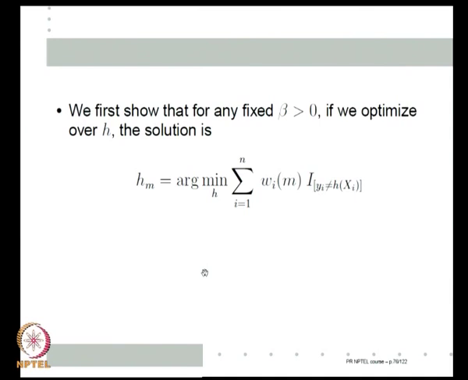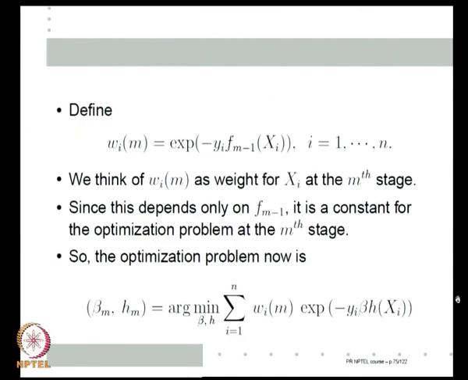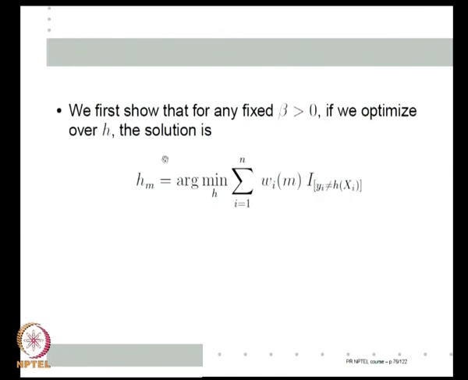What we are first going to show is that if I minimize this expression over only h by keeping beta fixed, that is, for any fixed beta I minimize it over all possible classifiers h, then the h that minimizes this is the h that minimizes the sum from i equal to 1 to n of w_i^m indicator y_i not equal to h(x_i).